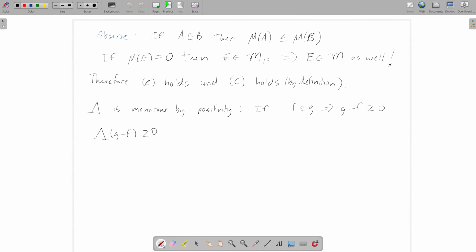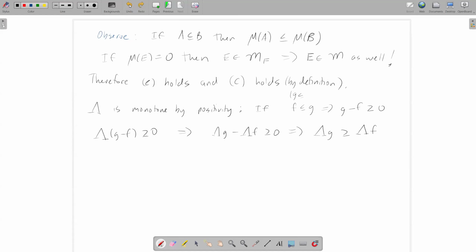Now we have this, and therefore by linearity, lambda of G minus lambda of F is greater than or equal to 0, and therefore lambda of G is greater than or equal to lambda of F. Sorry, it's facing the wrong way. This is the same as G is greater than or equal to F.